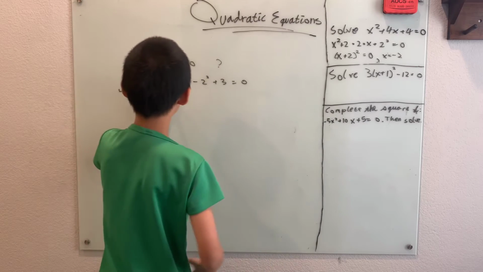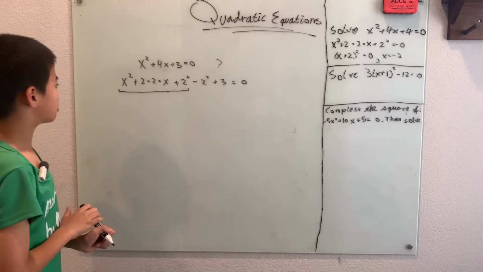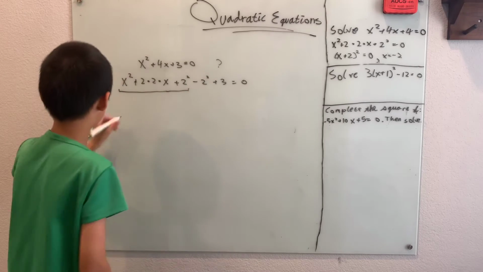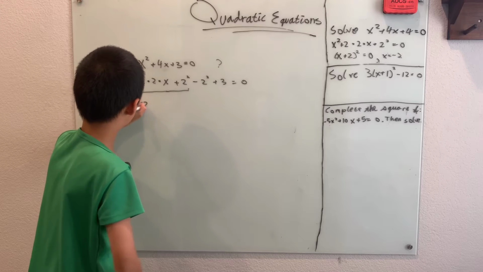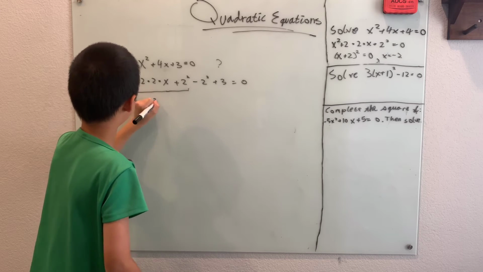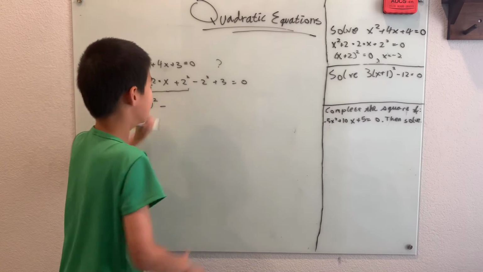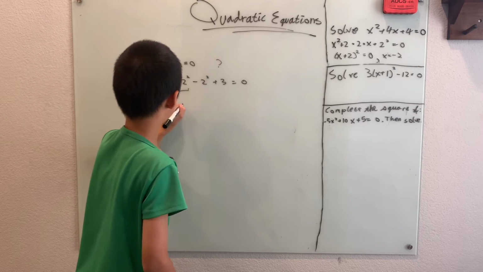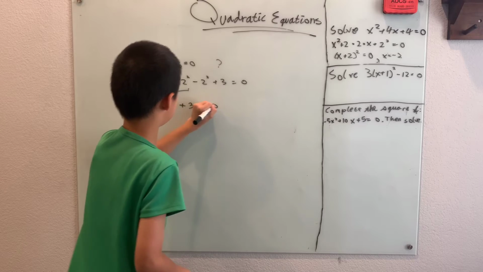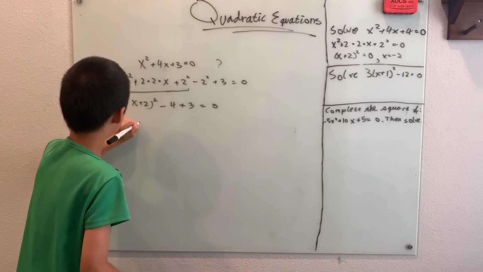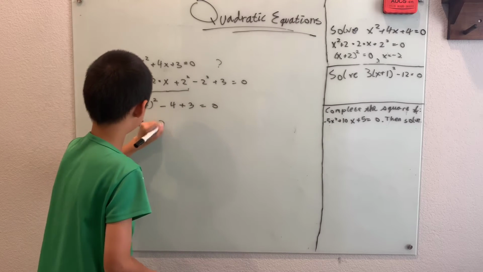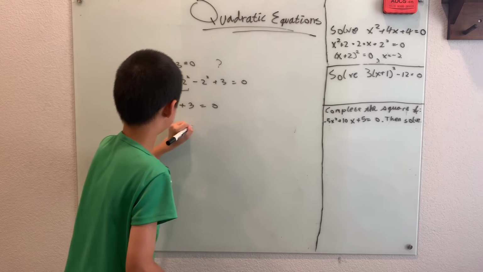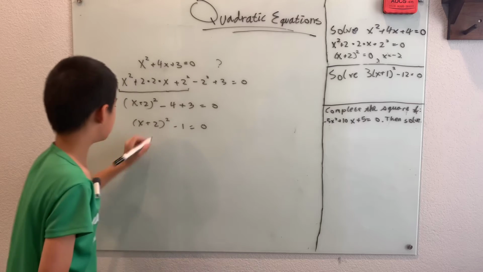So now we've basically completed the square, because this thing that I bracketed is the square of x plus 2. Then you have minus 4 plus 3 equals 0, and we have x plus 2 squared minus 1 equals 0.